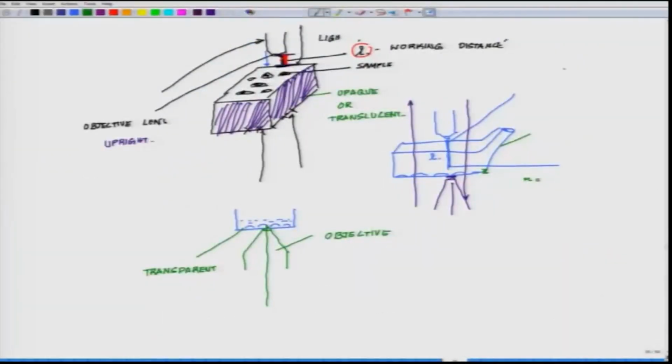So, if you see an objective, something like this, and you will see this is where you fit the objective. You have all the grooves which are cut there, or if you see it from the top, something like this.